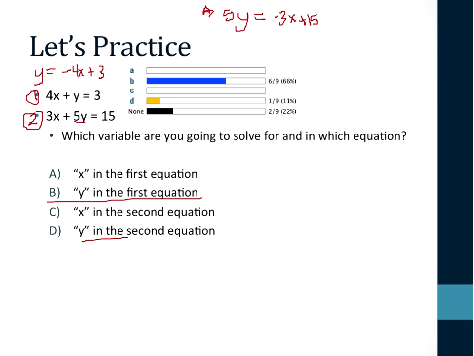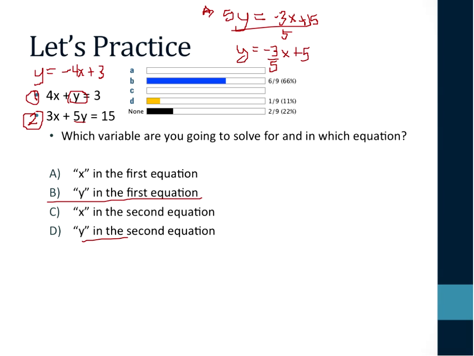Then we'd have to divide everything by 5, which means we get y equals negative 3/5 x plus 5. Now, that's not terrible to work with. It just might not be the easiest. We're always going to look for the easiest variable to make our substitution work. Okay? Good. So I wanted to point that out, and now I want you to practice.